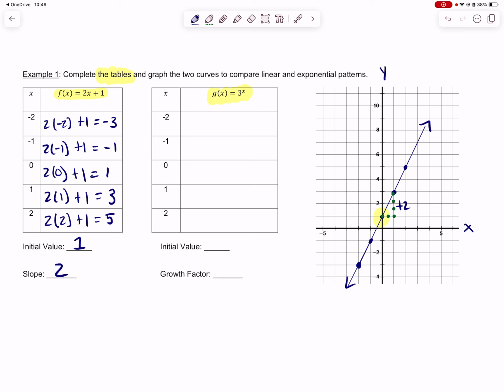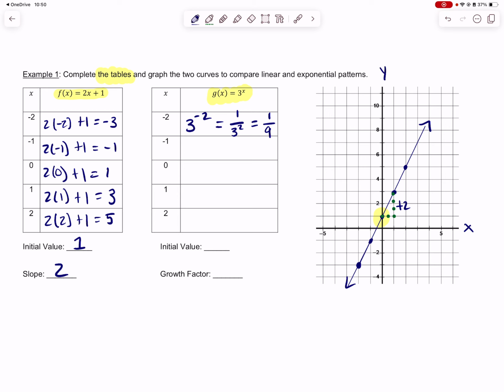And we want negative 2 for the first one. So we have 3 to the negative 2 power. And a couple different ways I could go about writing this. This would be 1 over 3 squared, which then I could say is 1 over 9. Whenever I have a negative exponent, I can take its reciprocal to get rid of the negative.